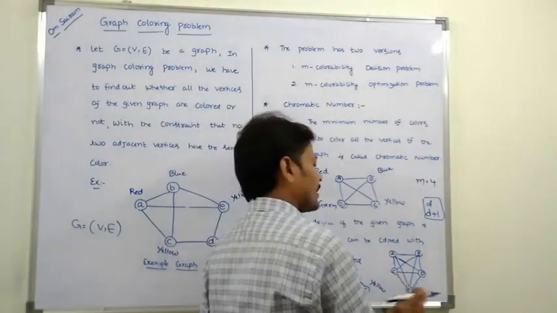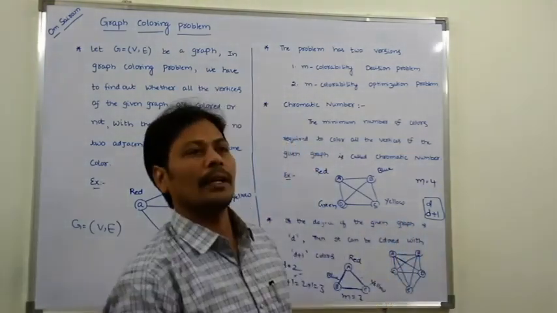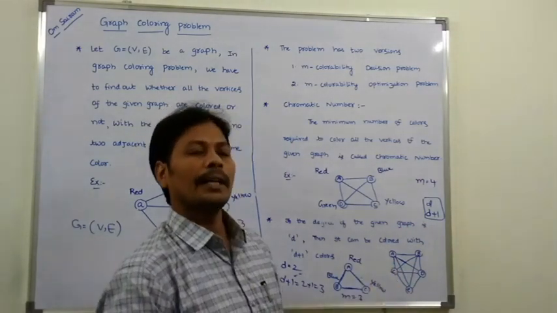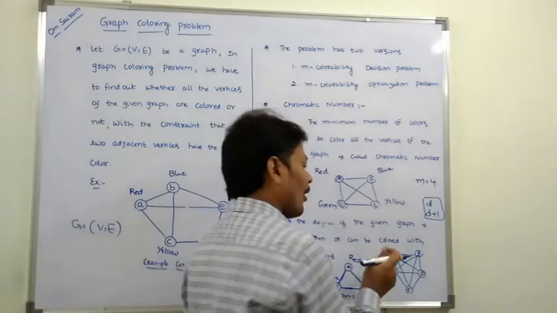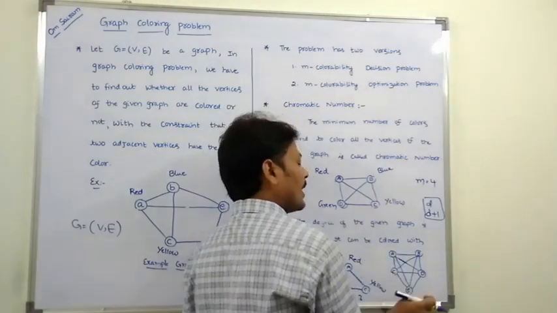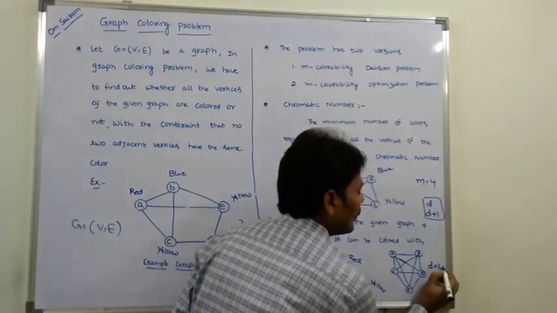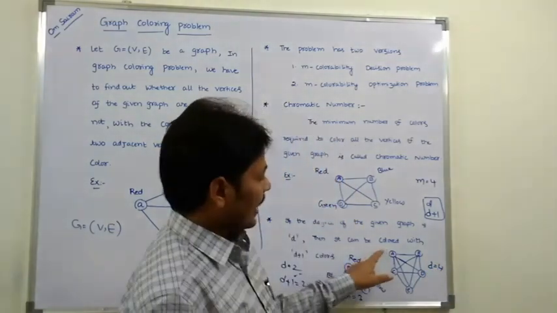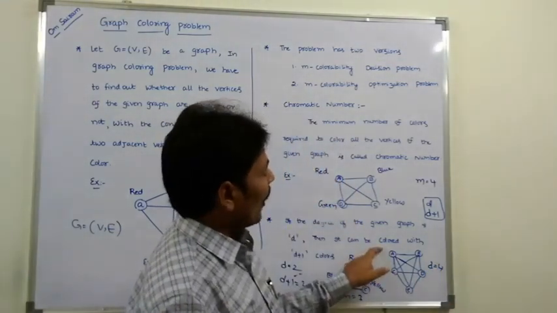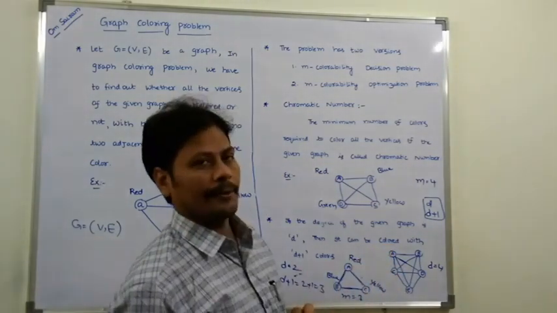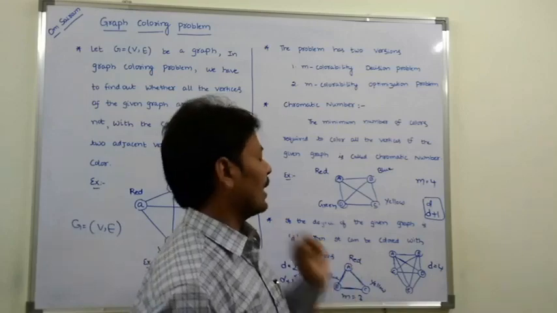Suppose we consider this graph. How many colors are used to color all the vertices of the given graph? The degree of each vertex in this given graph is equal to 4. So D is equal to 4. For vertex A, how many outgoing edges? That is 4 outgoing edges.